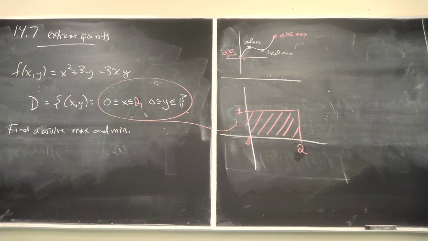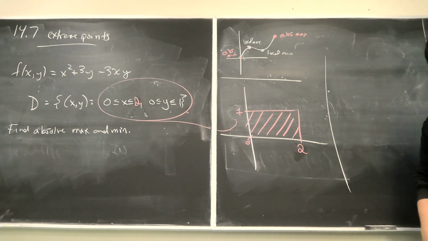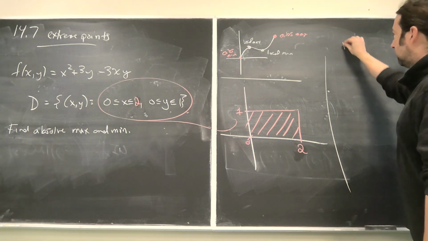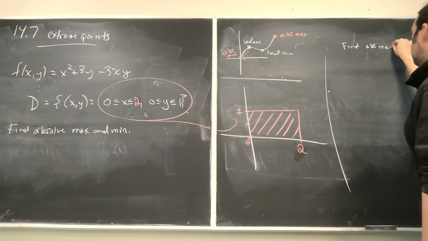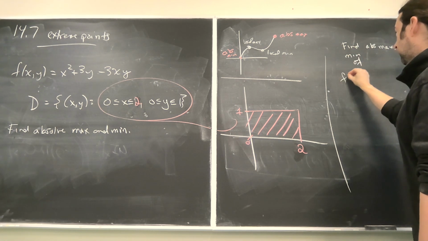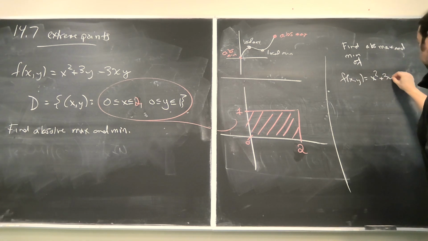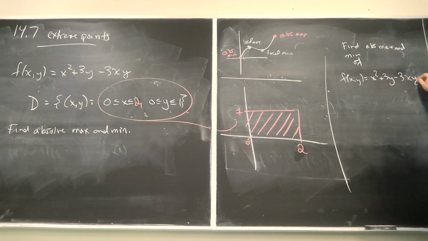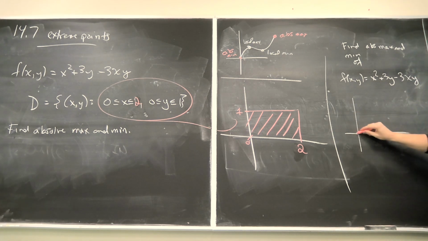So what I'm going to do is reduce this to a smaller problem for a second. What if I asked you to find the absolute max and min of f of x y equal to x squared plus 3y minus 3xy, but now I just want you to do it on this set right here, just a line segment that started at 0, 0 and ended at 2, 0.